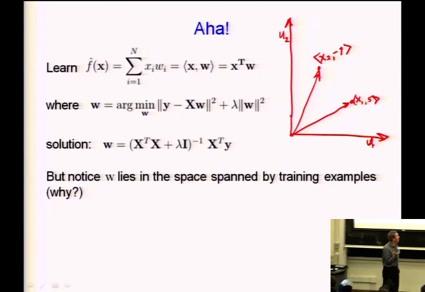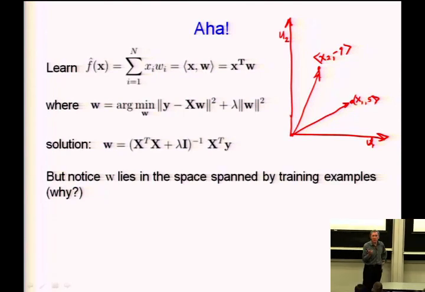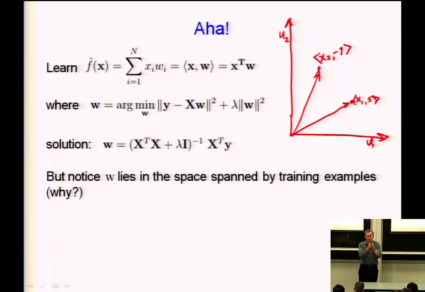Well, one thing that's obvious is just like U1 and U2 span that plane, that is, I could represent any vector in the plane as some weighted sum of U1 plus a weighted sum of U2. I can represent any vector that way, right? Similarly, instead of U1 and U2, I could use x1 and x2. They also span that same plane.